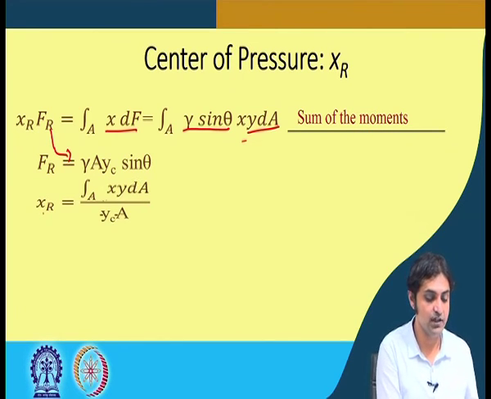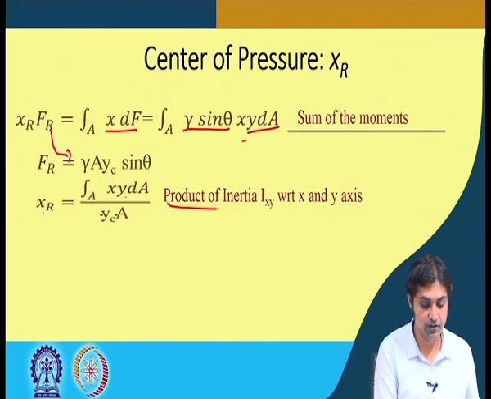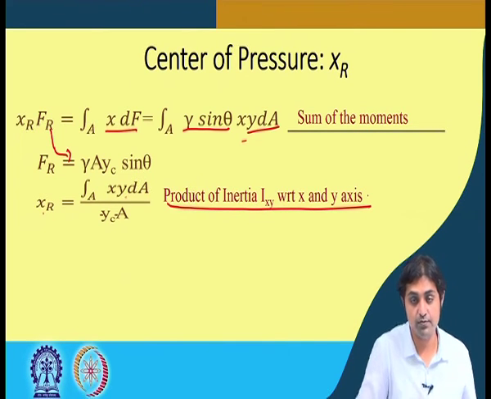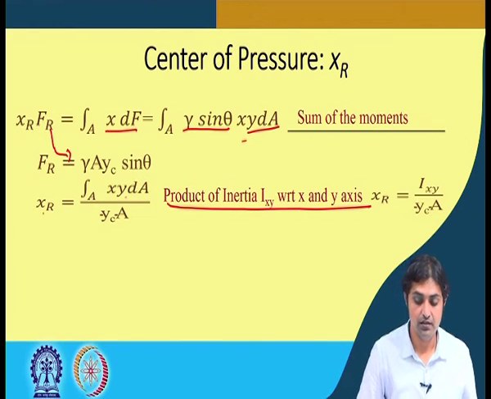Therefore XR will come out to be integral x y dA divided by yc A, and this is the product of inertia Ixy with respect to the x and y axes.